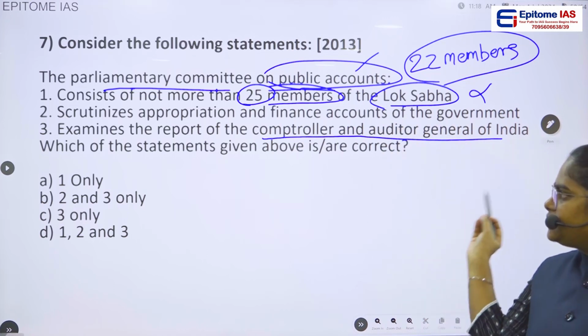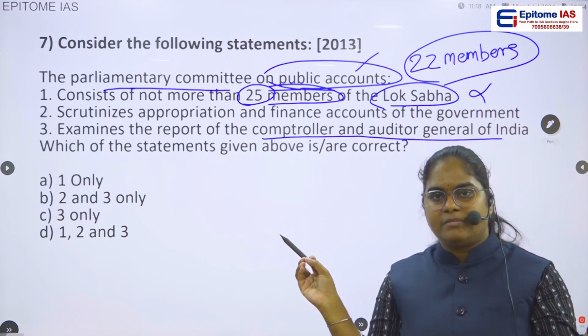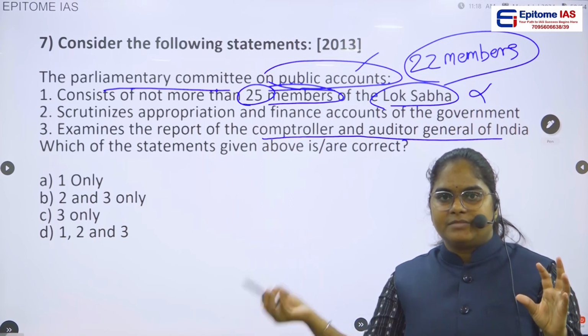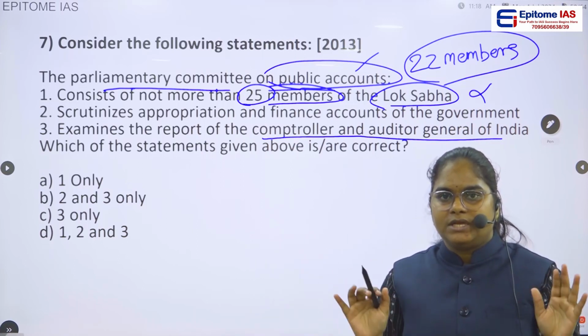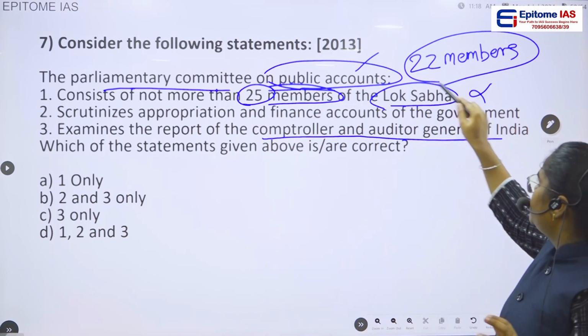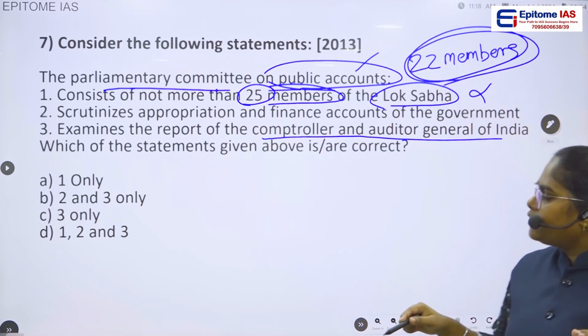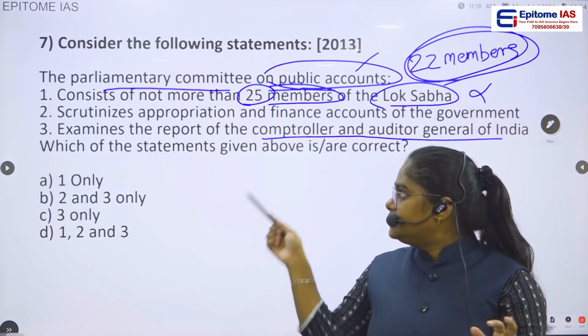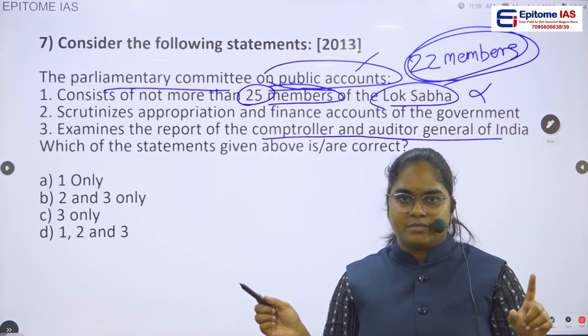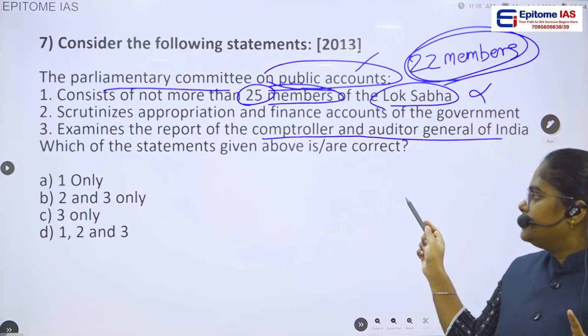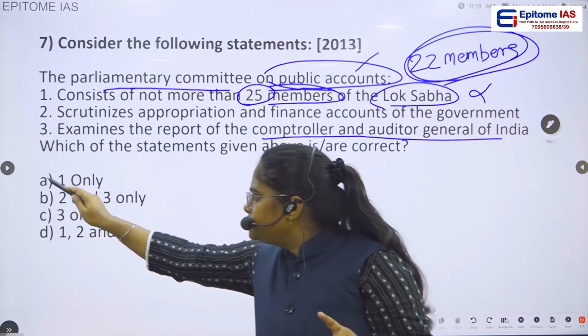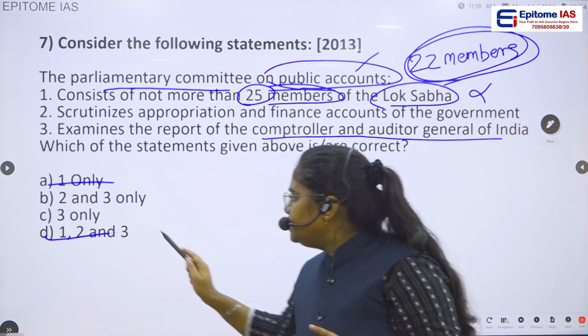No, this particular committee has members from both Lok Sabha and the Rajya Sabha. And in total, it can have up to 22 members. Okay, not more than 22 members. But in the question, they have given 25 members. So we can eliminate this option. Then, once you eliminate this option, option A, option D is gone.